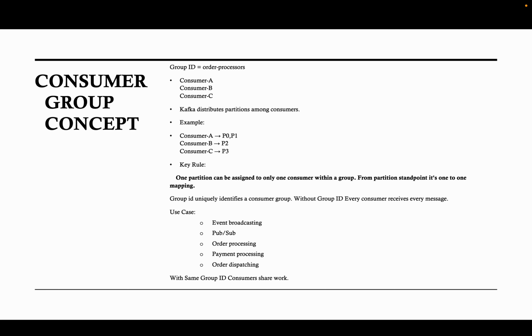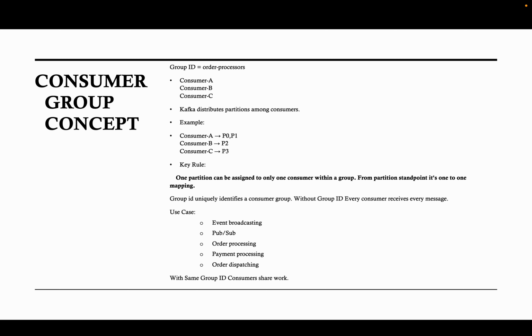How is the problem solved? The problem is solved with the concept called group ID. Consumers within the same group work as a cohesive unit. The consumers within the same group will not compete with each other. There could be multiple consumer groups that coexist.